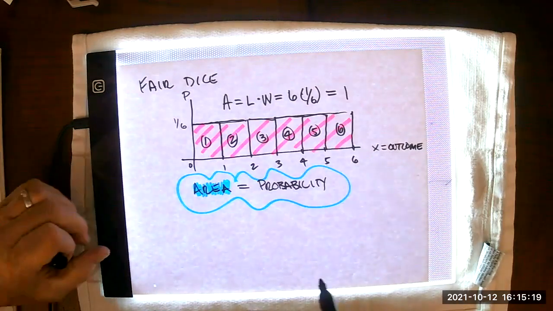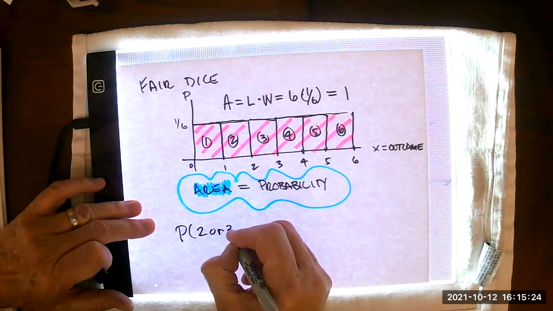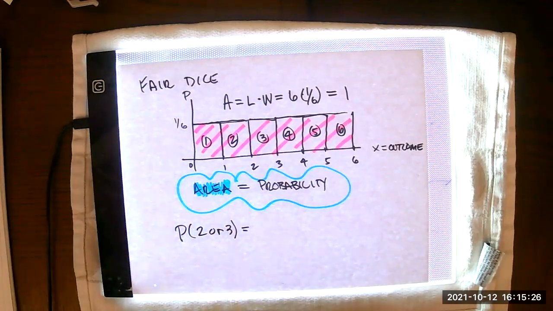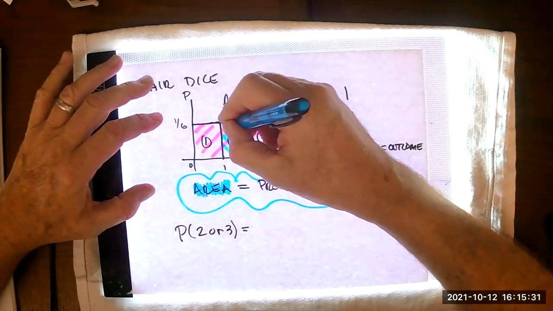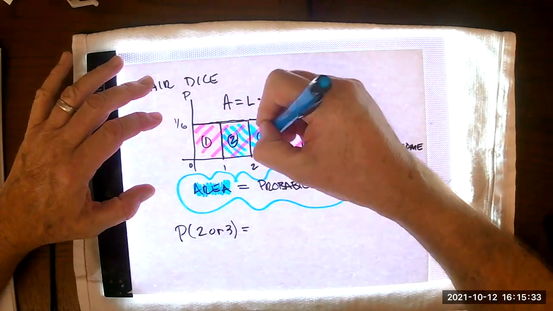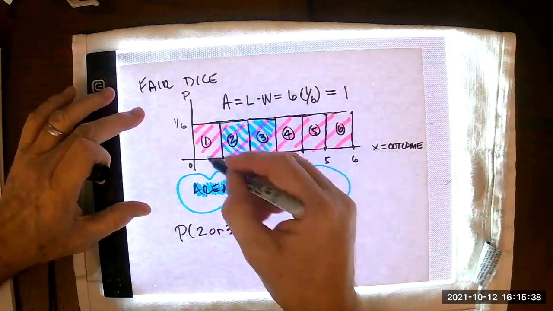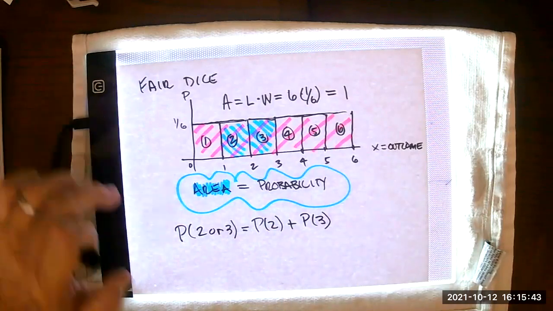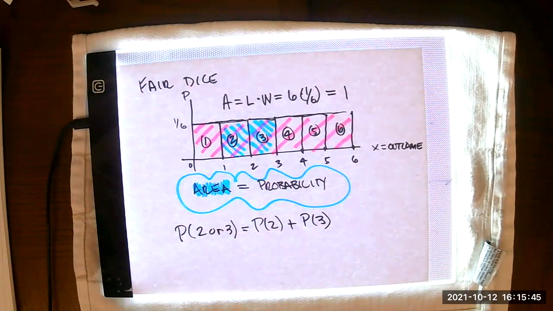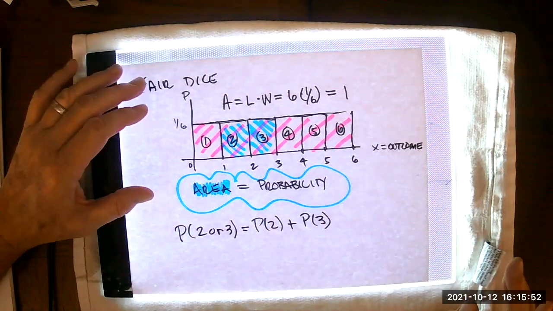Notice, if I want to find the probability of rolling a 2 or a 3, I can literally sum the area of these two outcomes to find the probability. You'll notice that the word or means we've got the addition rule, but unlike chapter 4, these events are mutually exclusive.